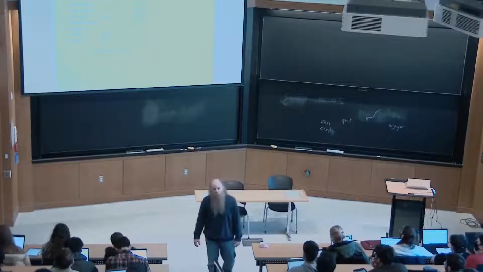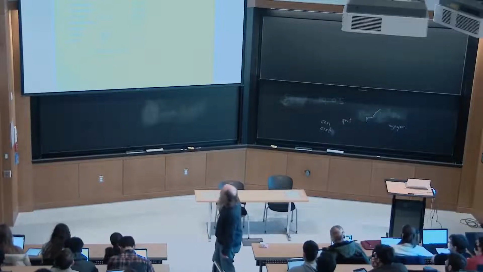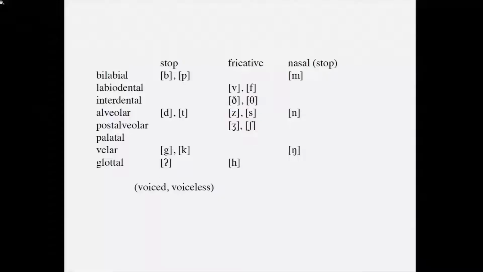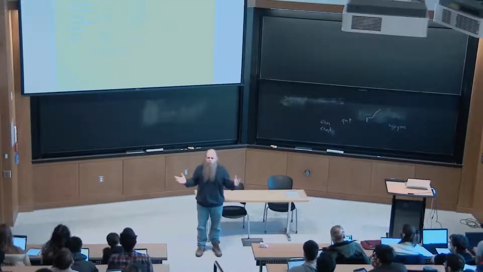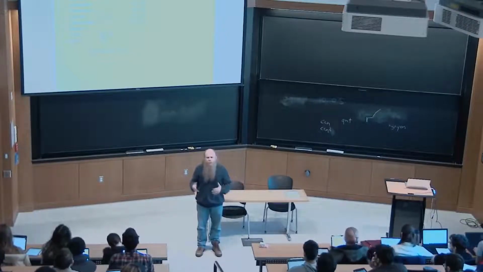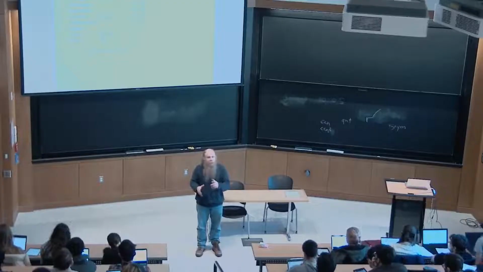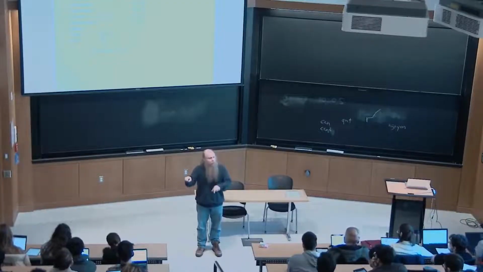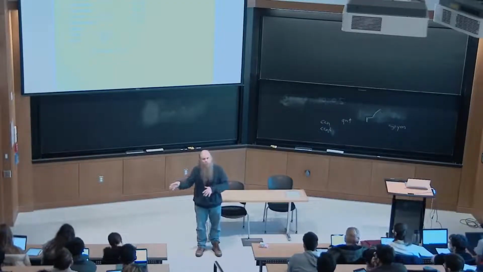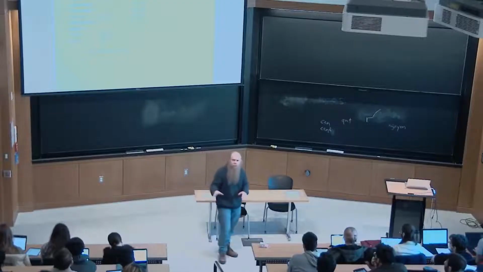There's a gap there. And I put the palatal line there partly to get you to ask exactly that kind of question. So one of the points of this table, it's kind of like when the periodic table was first invented, I guess. So we have this system for categorizing sounds. And now we get to look at it and say, well, wait, why isn't there anything there or there? Right? And what would it be like if it were there? And we'll do a little bit of that in a second.